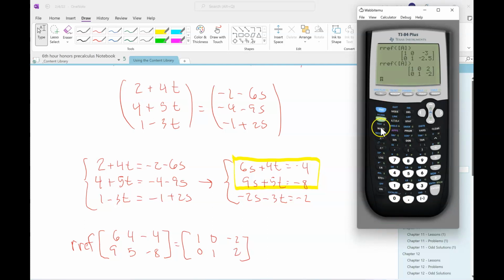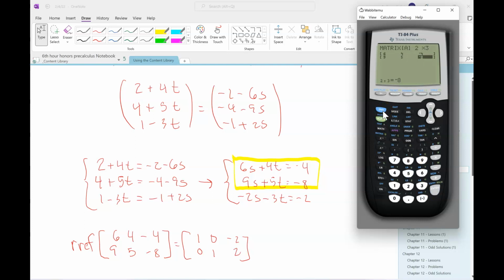At the home screen, I press second and the X to the -1 button to open the matrix menu. I'm going to go over to the edit tab, pick a matrix. I'm going to use matrix A. I'm going to enter the entries of my matrix. So 4, 6, -4, 5, 9. Oops, I have those in a different order from last time. So 6, 4, -4, and then 9, 5, -8. It's fine.